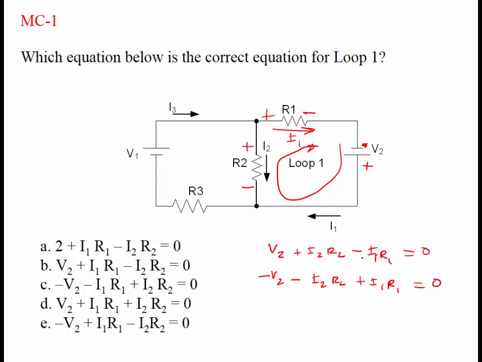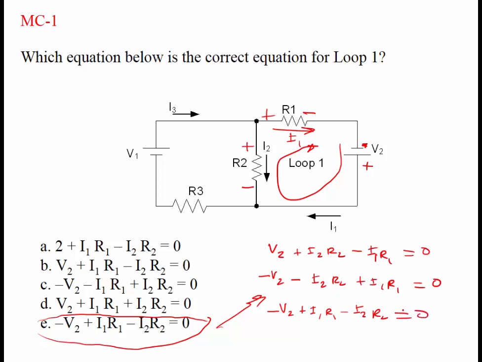So we have minus V2 plus I1 times R1 minus I2 times R2 equals 0. Therefore this corresponds to this one.